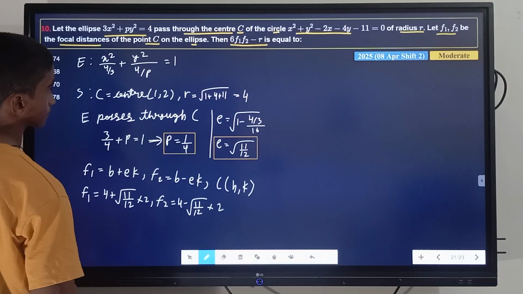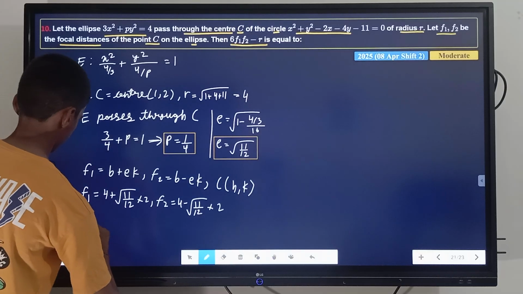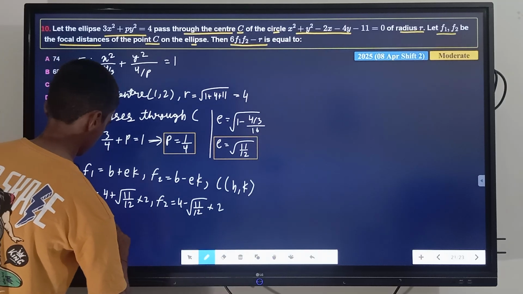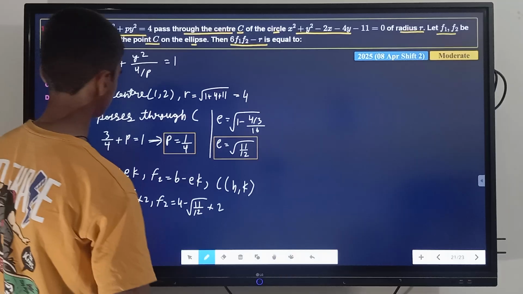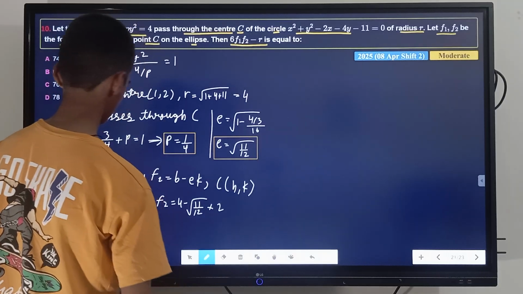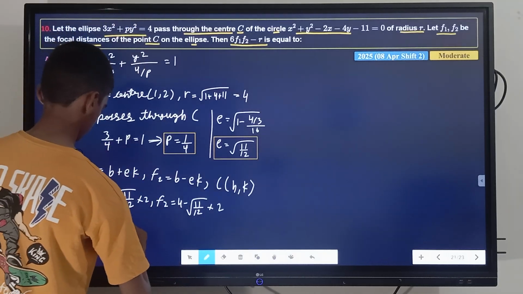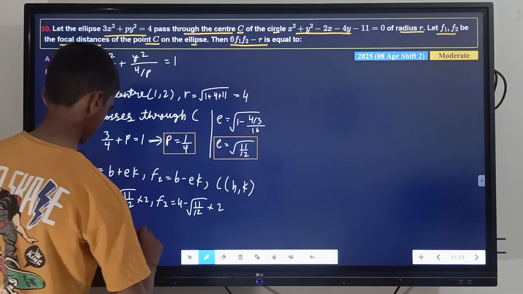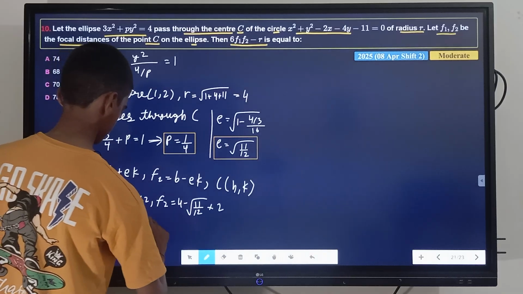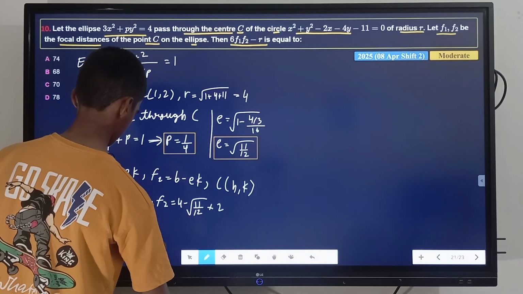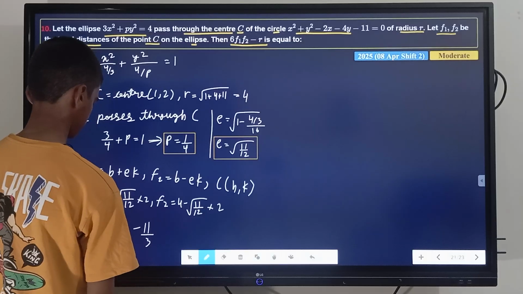So from here our F1 F2 is equal to 16 minus 11 by 3.